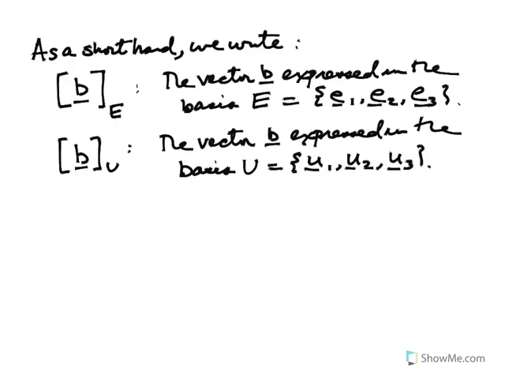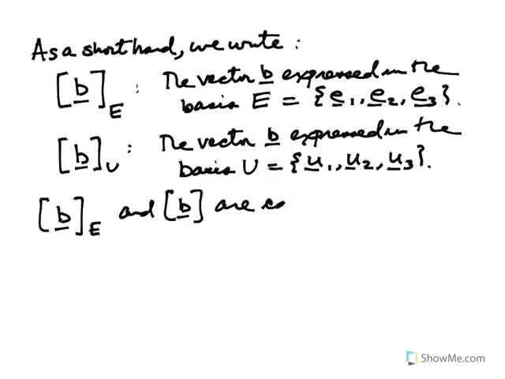Now, because these two are column vectors, BE and BU are called column matrices.